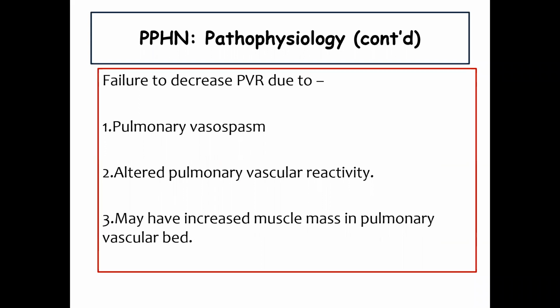There can be a condition of altered pulmonary vascular reactivity, where the pulmonary vessels are exceedingly reactive or sensitive to these constricting stimuli. And there may sometimes be increased muscle mass in the pulmonary vascular bed due to remodeling, or the presence of irreversible structural changes in the pulmonary vessels because of various reasons, including high, increased pulmonary blood flow for a long duration of time.